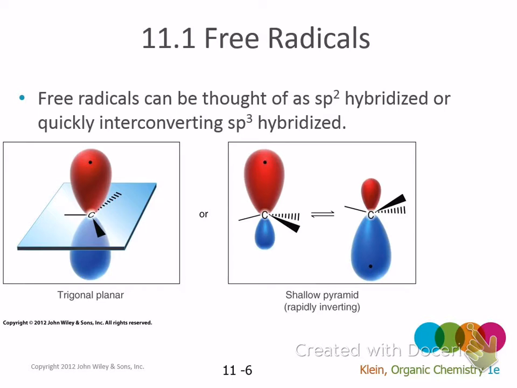Okay, so it's somewhere between sp2 and sp3, but radicals are very reactive because they have the unpaired electron. So think about what that means for stability. If you have a carbocation, which carbocations are the most stable? Tertiary ones and ones with resonance delocalization of charge.